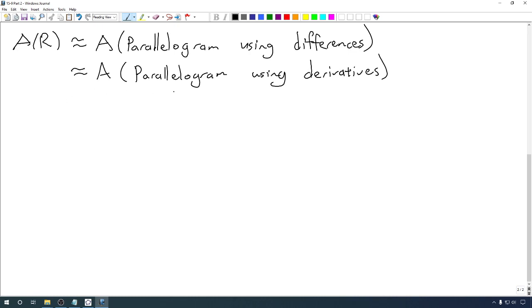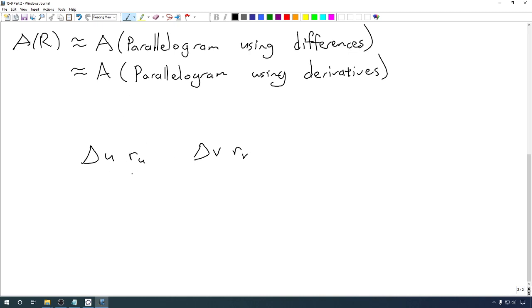But for the area of the parallelogram using derivatives, remember we're dealing with the vector delta u times r sub u and the vector delta v times r sub v. So we have these lengths along the rectangle, and then we have our tangent vectors, the tangent vectors to the various boundary curves.